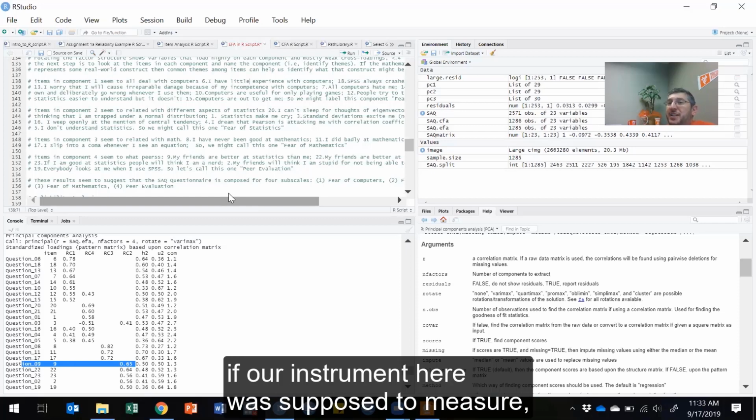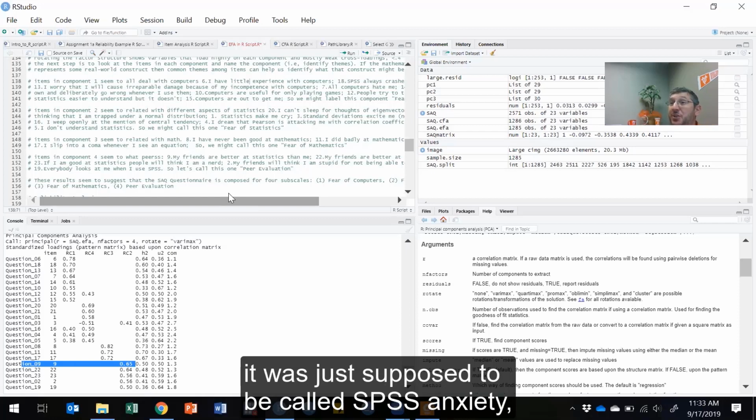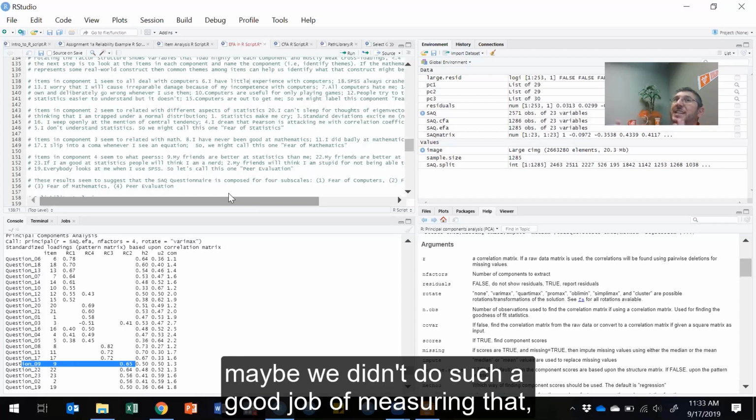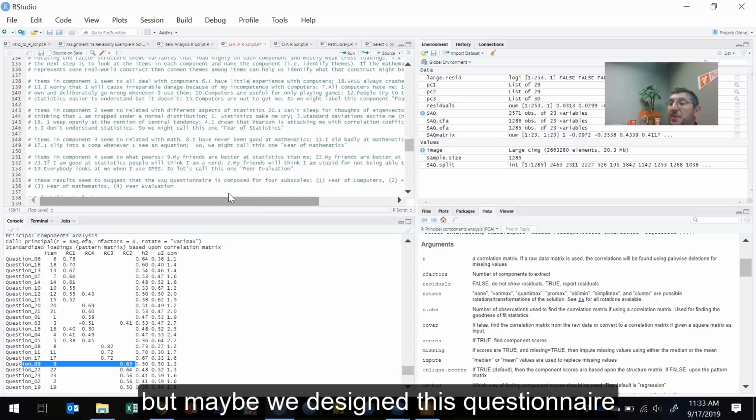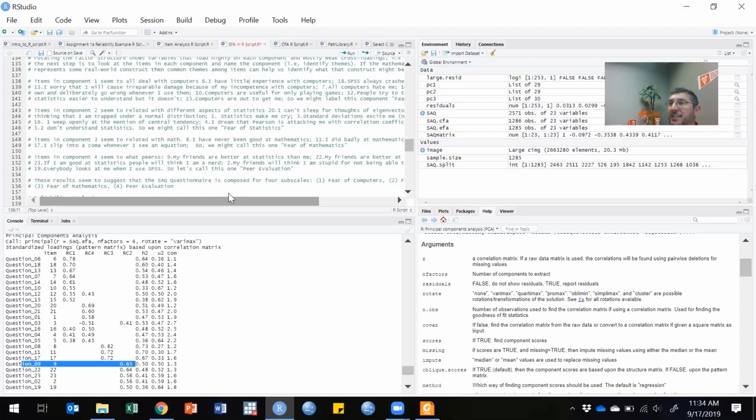If our instrument here was supposed to measure one concept, say, one called SPSS anxiety, maybe we didn't do such a good job of measuring that. But maybe we designed this questionnaire to measure 4 different aspects of anxiety, right?